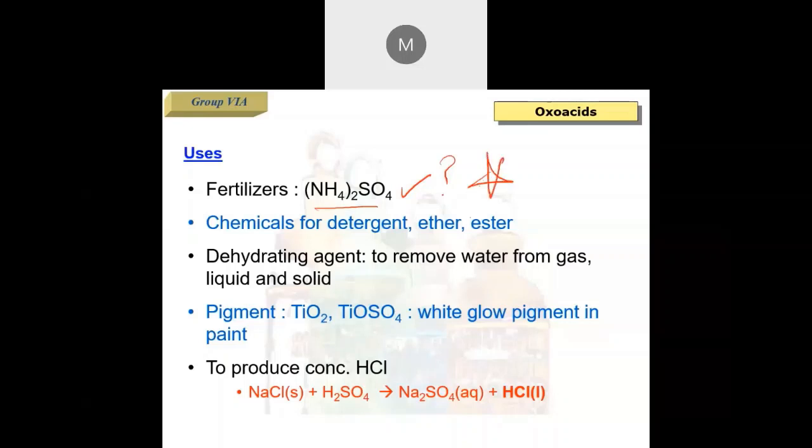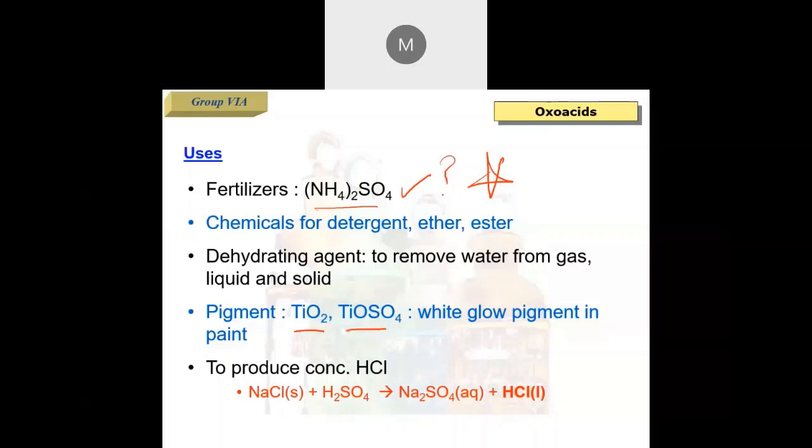Chemicals for detergent, ether, esters, and a dehydrating agent to remove water from gas, liquid, and solid. Also as a pigment: TiO2, titanium dioxide, is a white pigment that we use in paint, for example on the wall. It uses titanium dioxide to give an opaque white color to the paint.